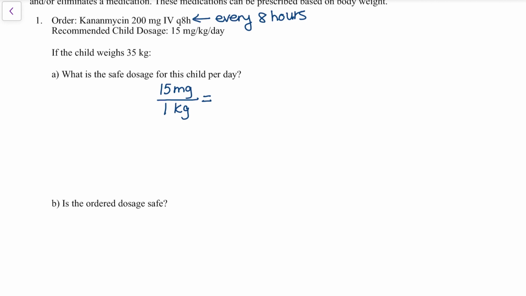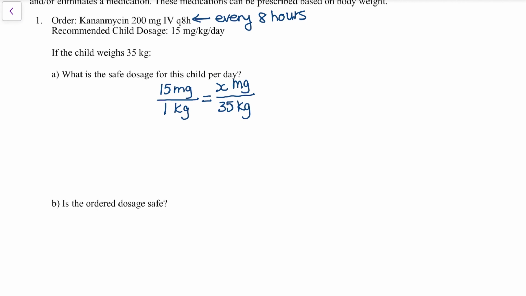Now I'm going to put the 35 kilograms on the bottom because I want my units to line up. So I have kilograms on the bottom in the first ratio, so I'm going to put kilograms on the bottom in the next ratio. And I'm asking how many milligrams is that per day?